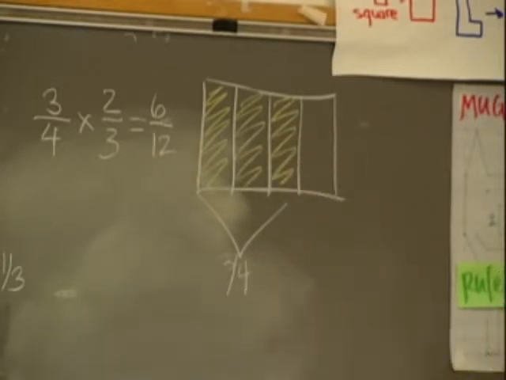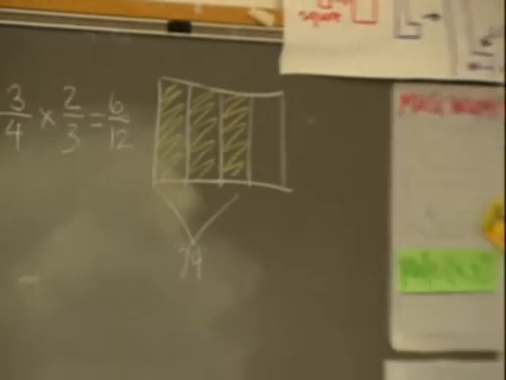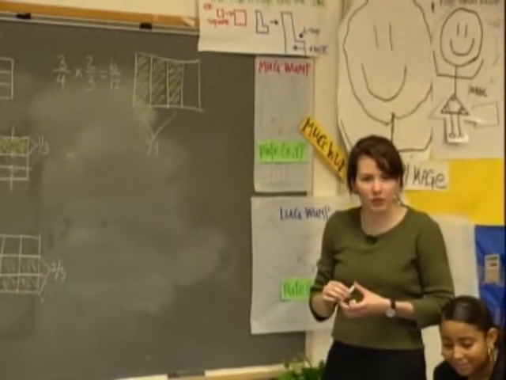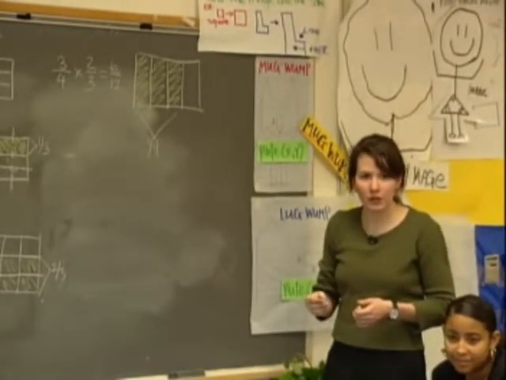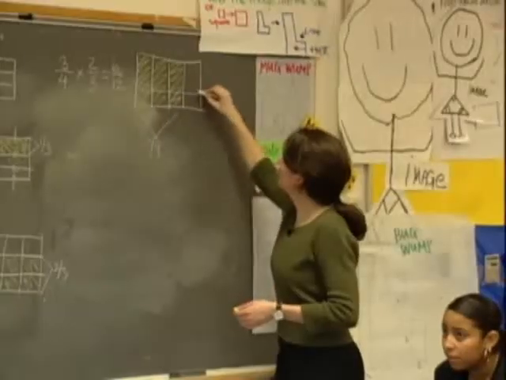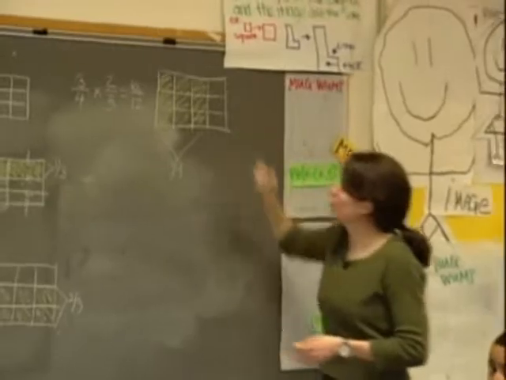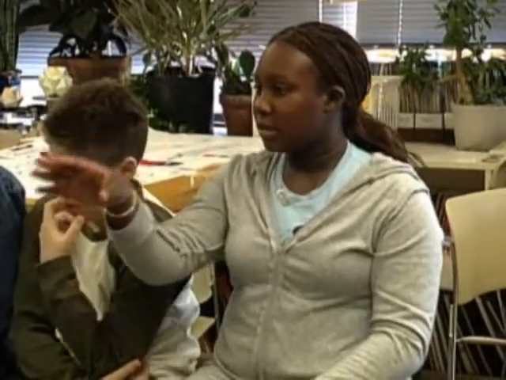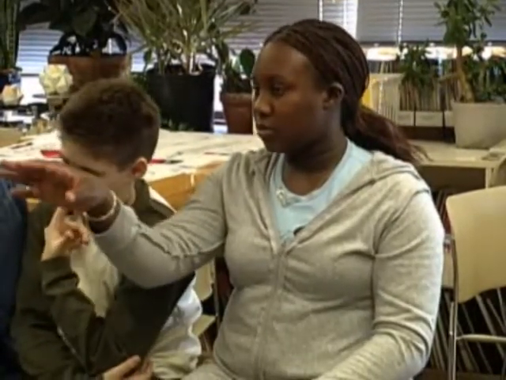Now I want to show 2/3 of the 3/4. Nicole, what would I do? Cut the whole box in 3, and then shade in 2 boxes, like you know how you did with the 1/4 times 2/3, how you shaded in 2, you do the same thing.